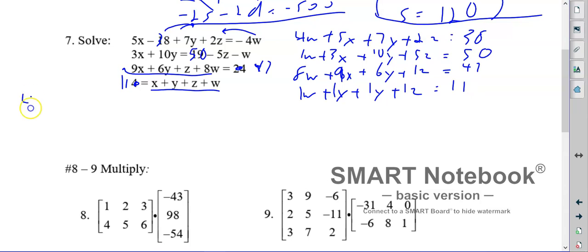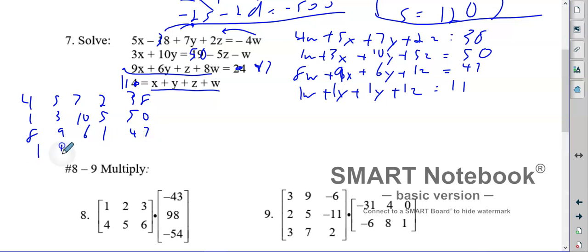My augmented matrix is 4, 5, 7, 2, 38. And 1, 3, 10, 5, 50. And 8, 9, 6, 1, 47. And 1, 1, 1, 1, 11.